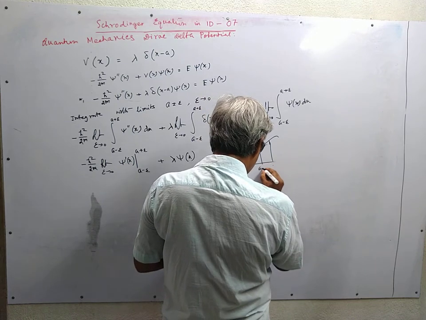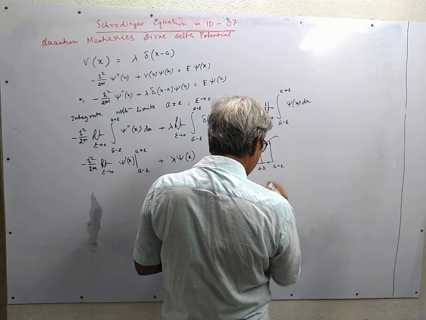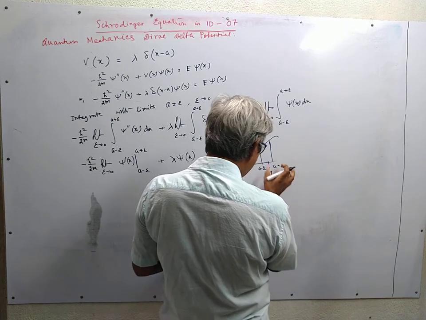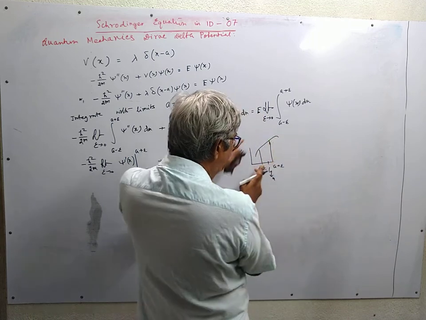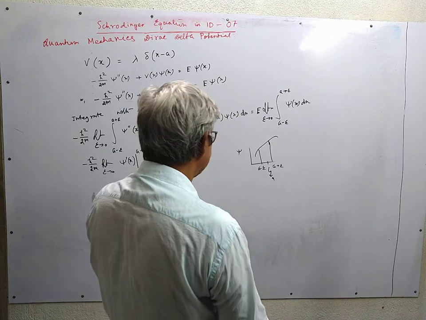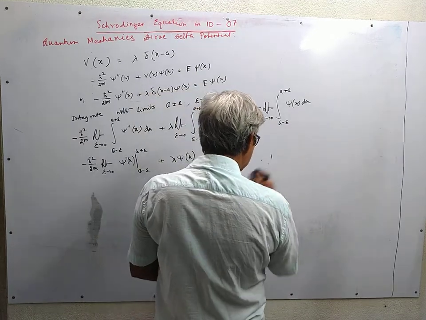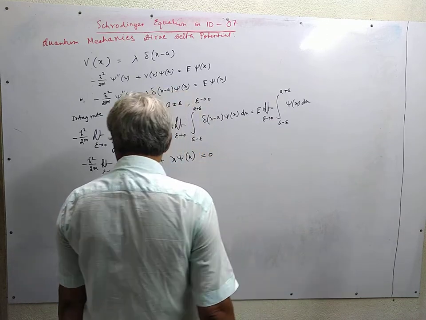So this is a minus epsilon and this is a plus epsilon. Here you have a, and when epsilon tends to 0, this part goes to 0, and since the wave function is finite, a finite quantity multiplied by 0 is 0. So we have 0 over here.